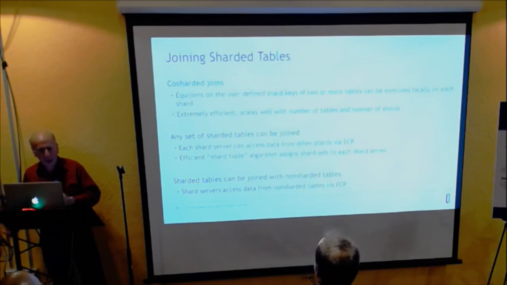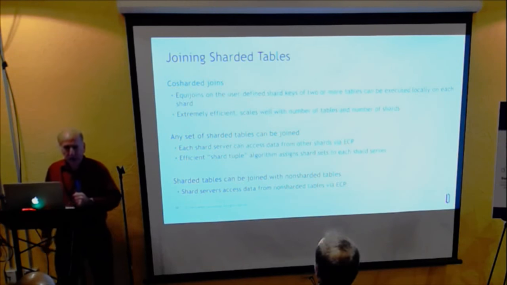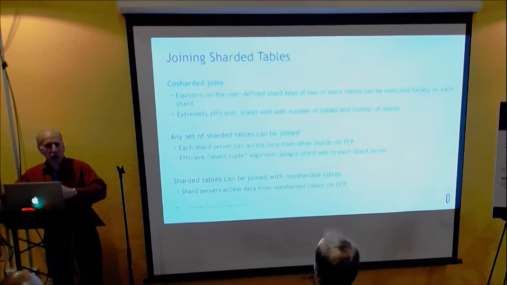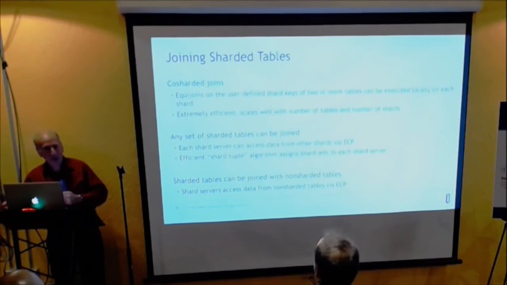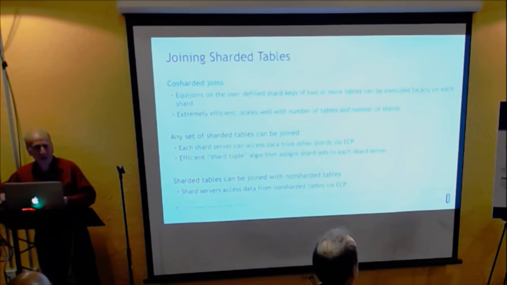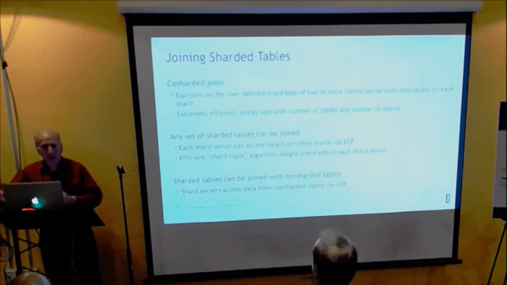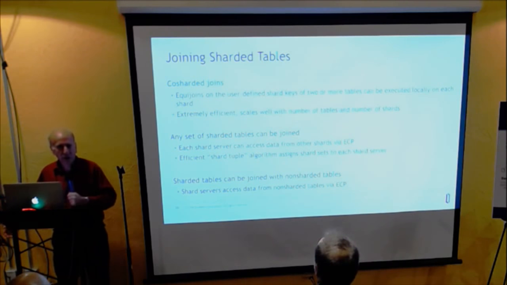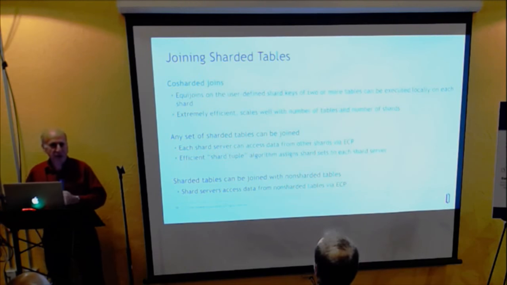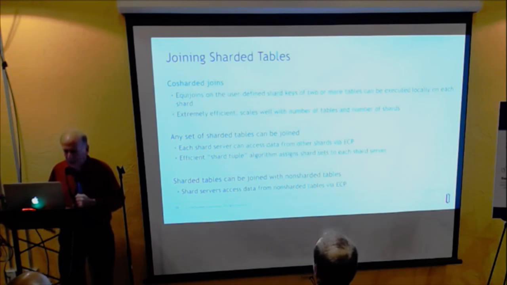In the more general case, we leverage ECP to say, okay, we're still running each shard local query on one particular shard, but if it needs to see data on another shard, it doesn't have to send a message to that shard to run another query and come back with partial results. It can simply access those rows on the other shard via extended references over ECP.